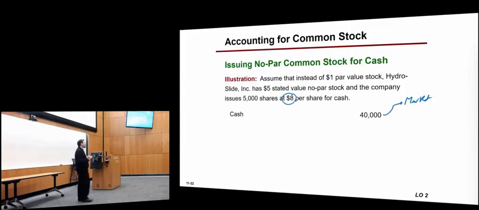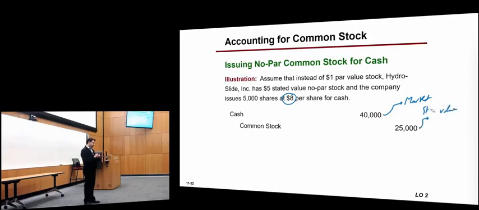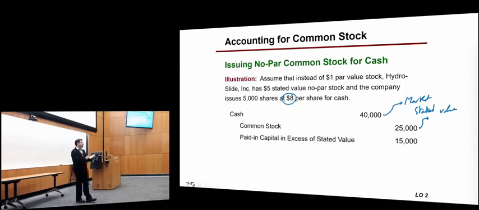Common stock will be credited at stated value, so in this case it will be 25,000. The difference between the two is paid-in capital in excess of stated value. It will be credited, the difference between the two, 15,000. Any questions?